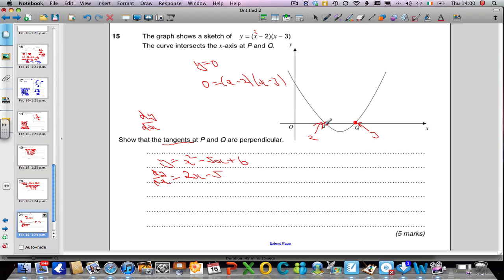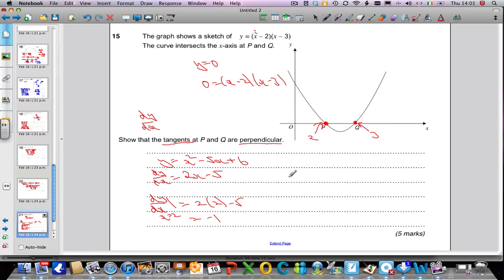So what I'm going to do is evaluate the gradients at these points and see if they're perpendicular. If they're perpendicular, when I multiply them together, I should get minus 1. So let's do dy/dx evaluated at x equal to 2. You get 2 times 2 minus 5. 2 times 2 is 4, 4 minus 5 is minus 1.